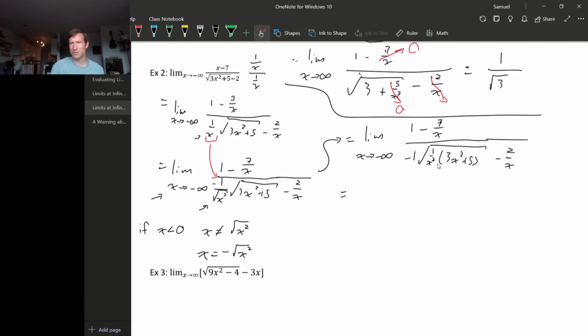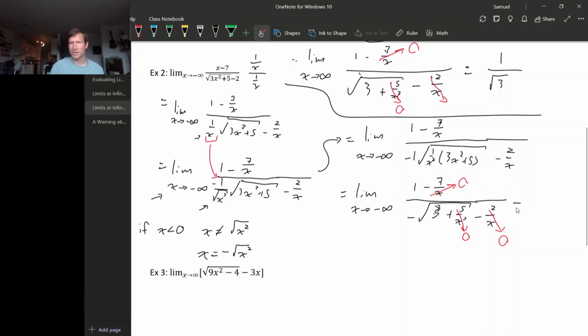And now when we distribute through here, we get limit as x goes to minus infinity of 1 minus 7 over x over minus the square root of 3 plus 5 over x squared, and then in the denominator outside the square root, minus 2 over x. And now we can take the limit as x goes to infinity. 7 over x is going to 0, 5 over x squared is going to 0, 2 over x is going to 0.